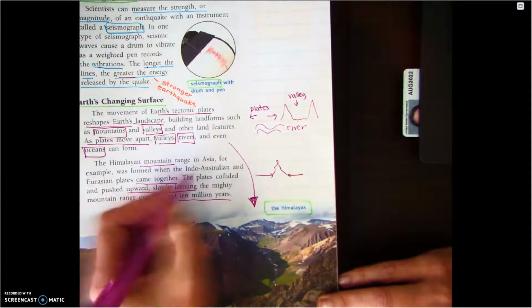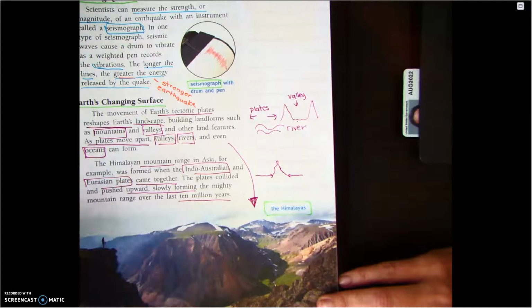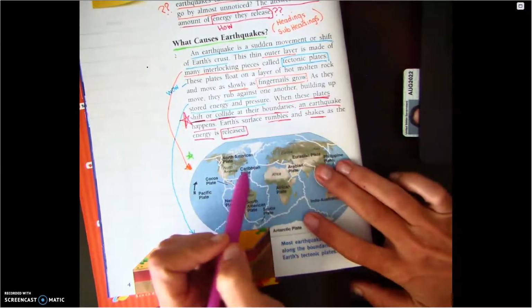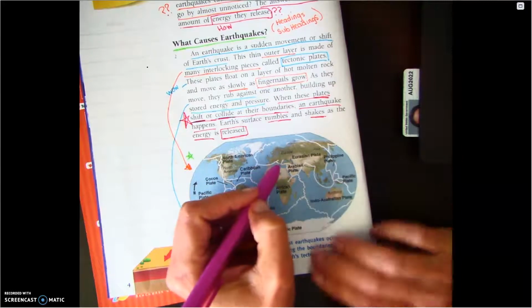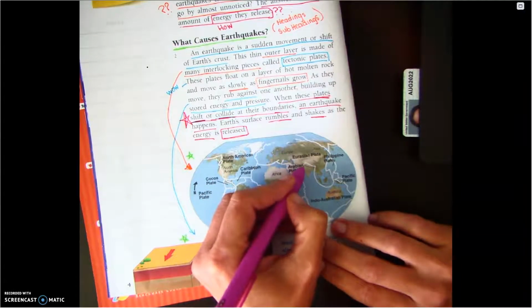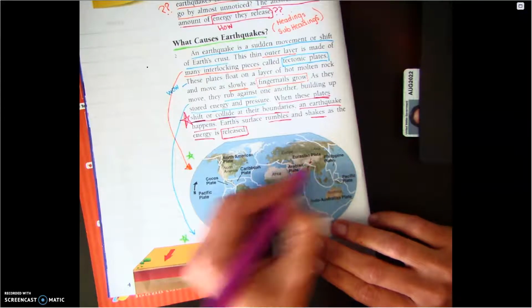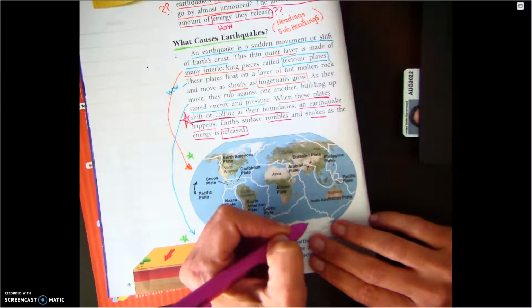So if I go back, it was the Indo-Australian and the Eurasian plates. Let's look at our map. Here's the Eurasian and the Indo-Australian, right through here, and you can see the mountains. When these two plates collided, that plate pushed here, and that plate pushed here, and those mountains are what were formed.